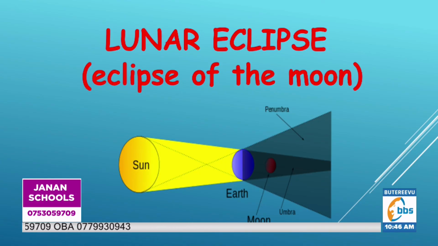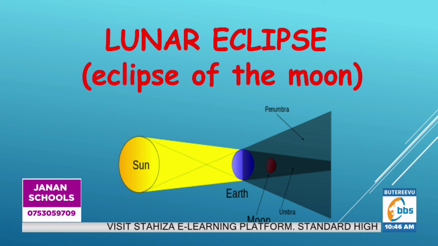That is now the second type, which is annular eclipse, or what we call eclipse of the moon. That's the type of eclipse where the earth comes between the sun and the moon. Now what is between it is the earth.